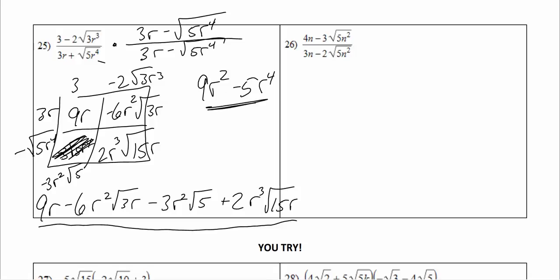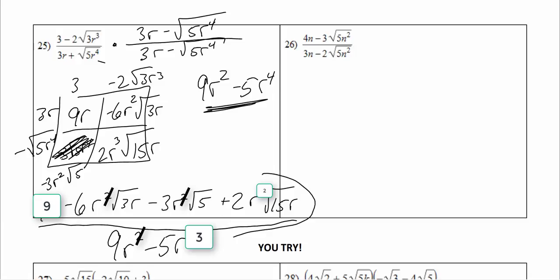I can't combine those two, so that is my denominator, 9r squared minus 5r to the 4. Oh man, okay, I can't reduce 9, 6, 3, and 2, so it can't be reduced by 9 or 5. Then since all of them have an r, I can divide by r, so I have to do that.